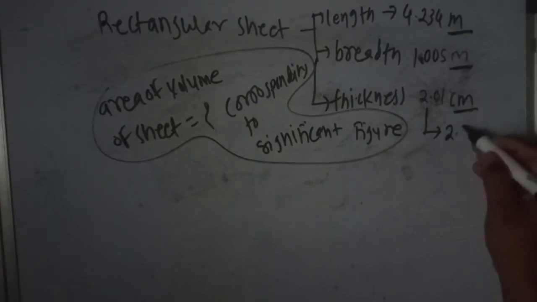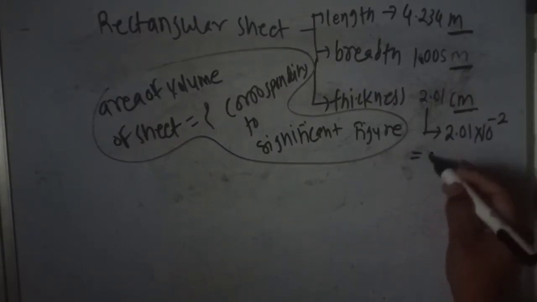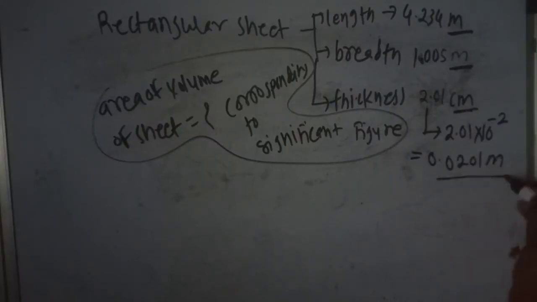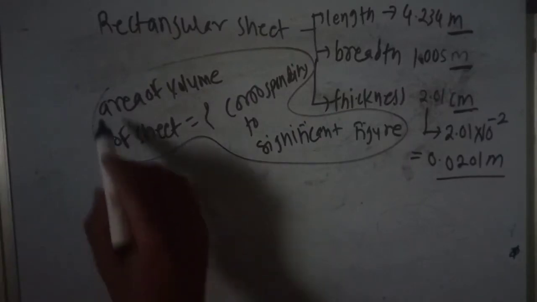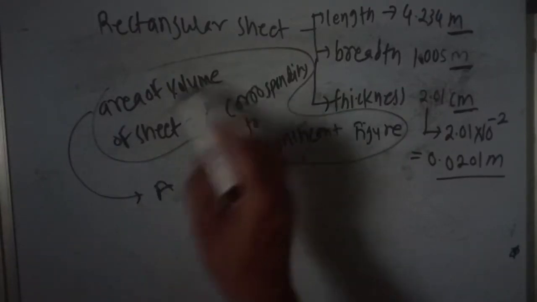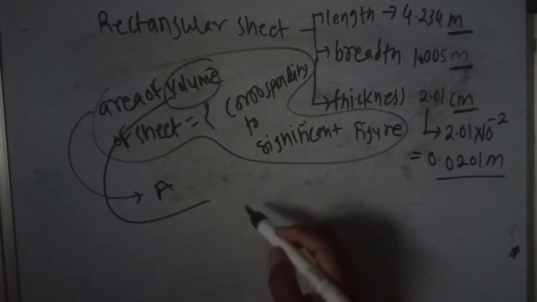So 2.01 into 10 raised to minus 2, so it is 0.0201 meter. We have to calculate the area of the sheet, capital A, and then we have to calculate the volume of the sheet.